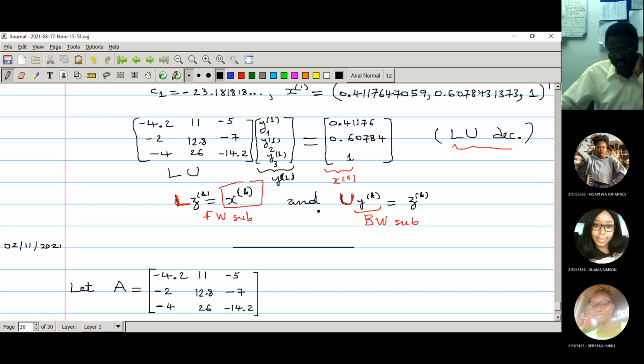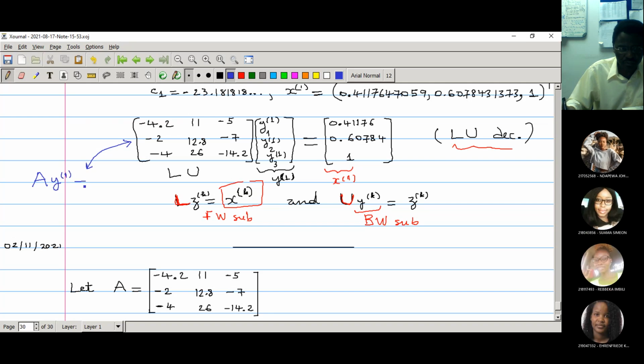Because what we have here, actually, if you read this, this is like A. Since we already called this Y, it is A Y1 equal to X1.